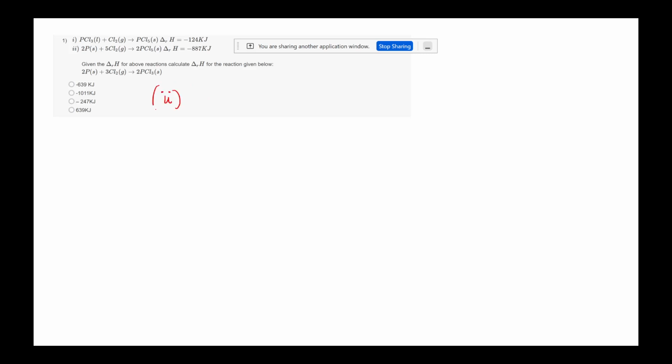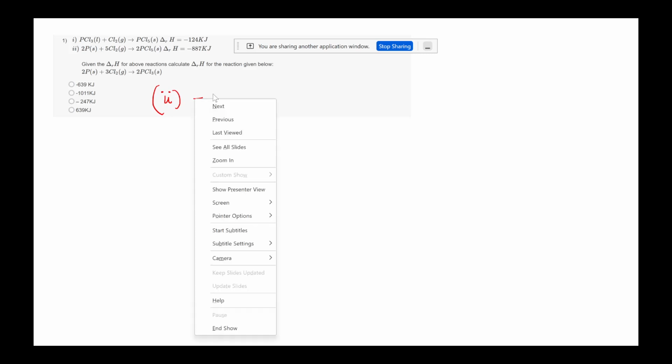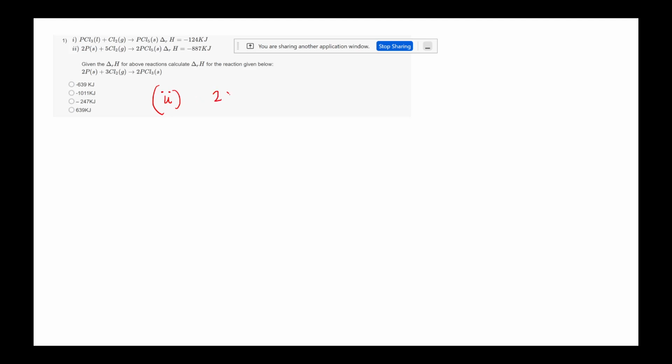So equation 2 minus 2 times equation 1. If you do this, what we get is 2 PS plus 5 Cl2 gas minus 2 PCl3 liquid plus, minus 2 Cl2 gas, which produces, this will negate, so this will be 0.